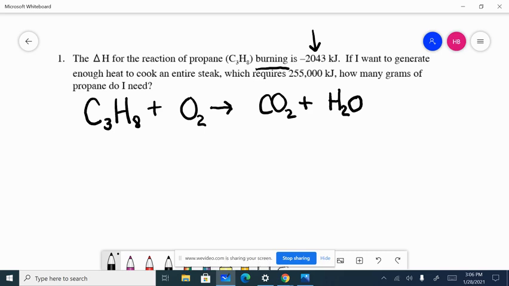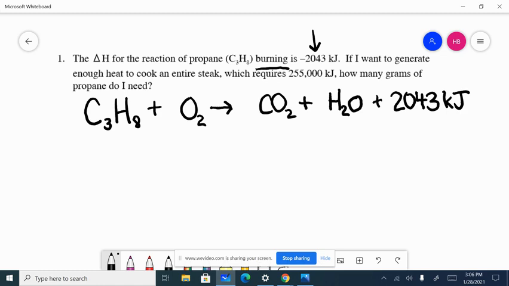In this case, the system is the burning of the propane, and negative means that energy is leaving this system, meaning energy is a product. So 2043 kilojoules of energy is released or given off. That negative sign means it's leaving the system.